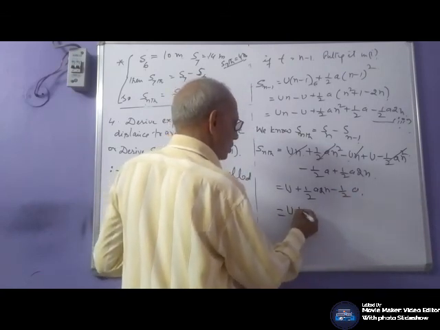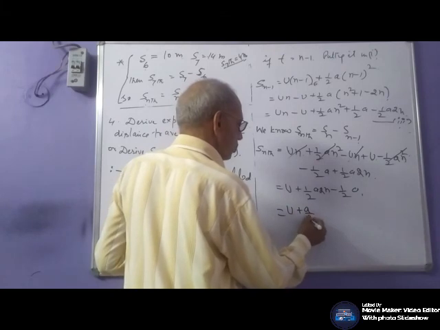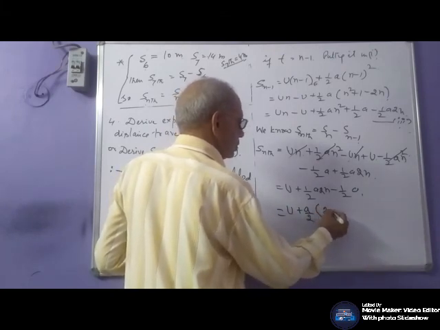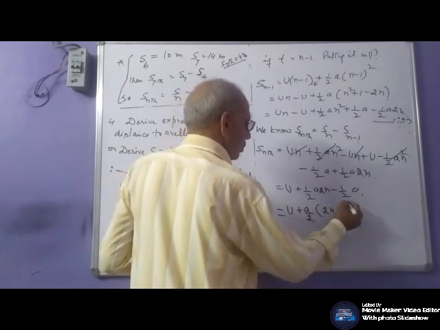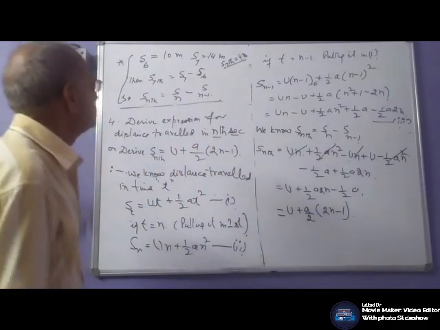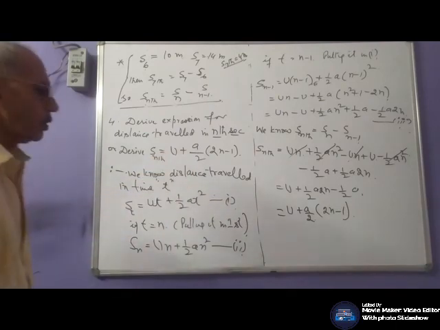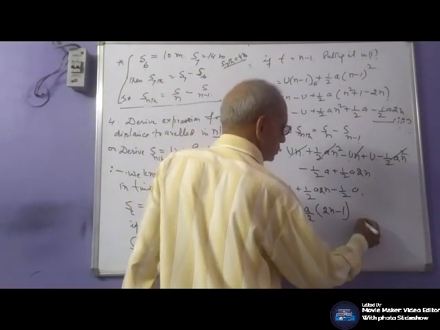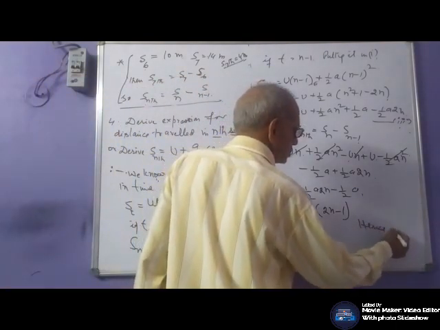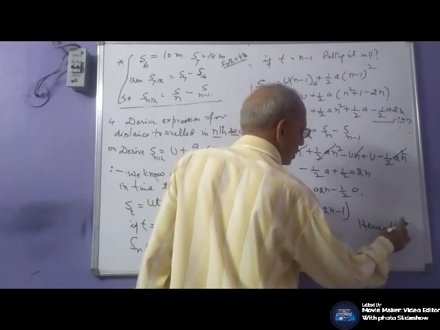U plus a by 2 into 2n minus 1. Hence derived.